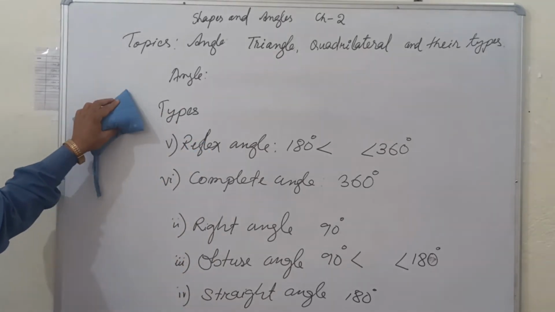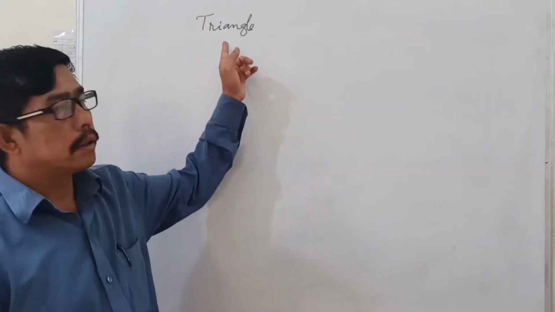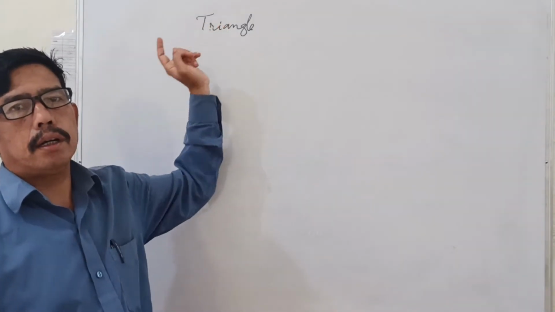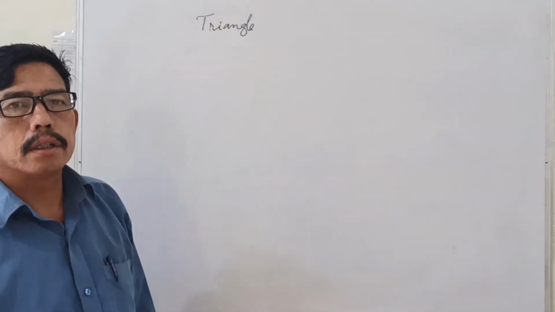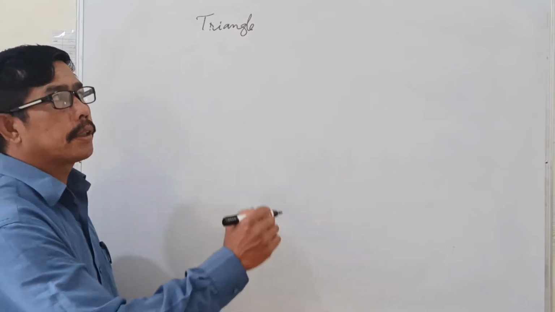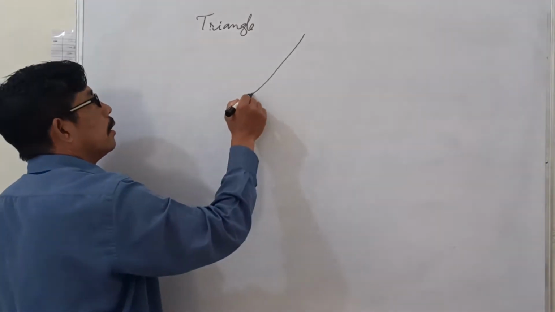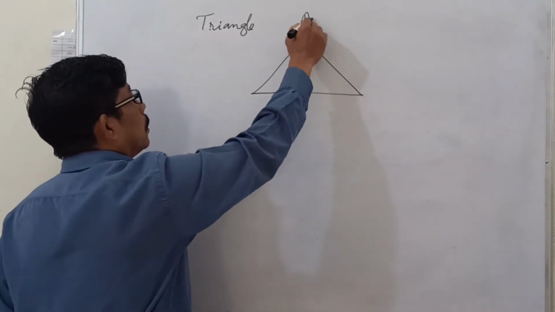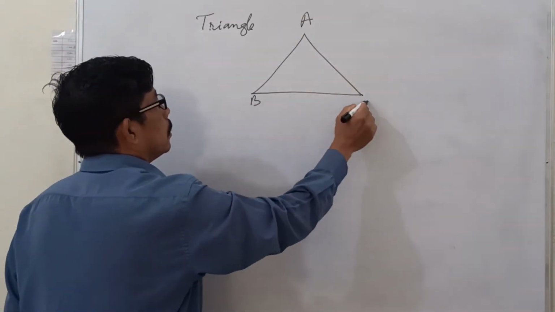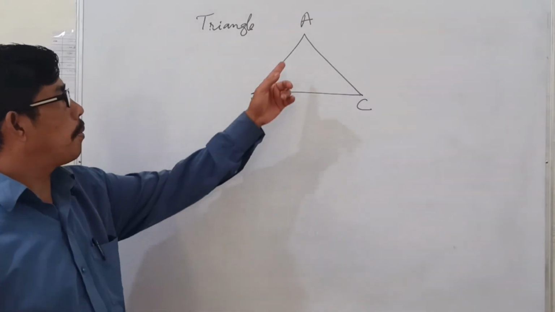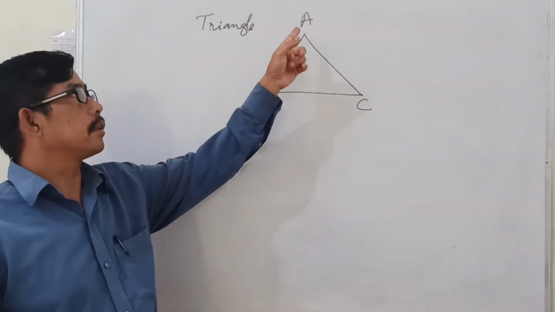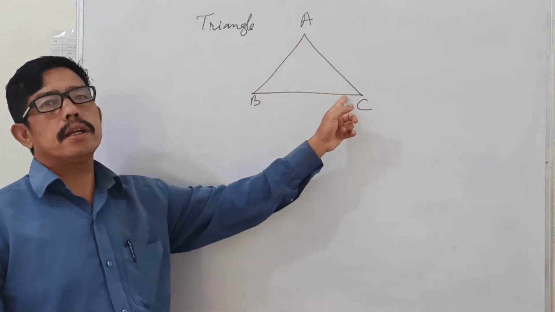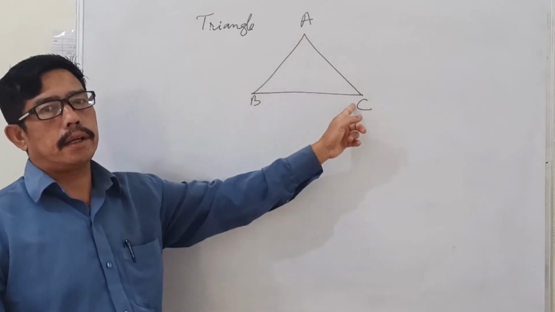Then let's come to the triangle. The triangle is a geometrical figure formed by three line segments as shown in the picture. This figure is formed by three line segments AB, BC and CA.